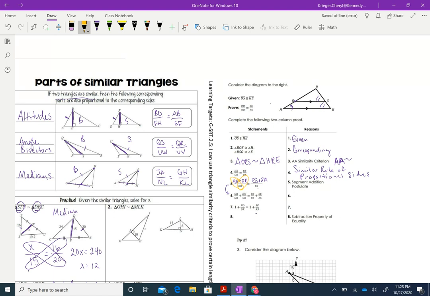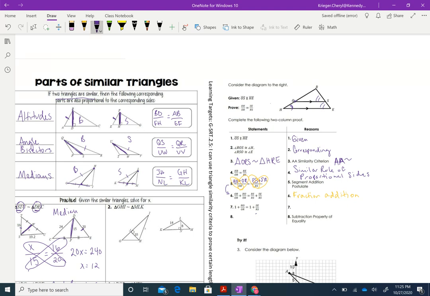So this is fraction addition. We do this all the time when we're simplifying. But let's just say that it's fraction addition.